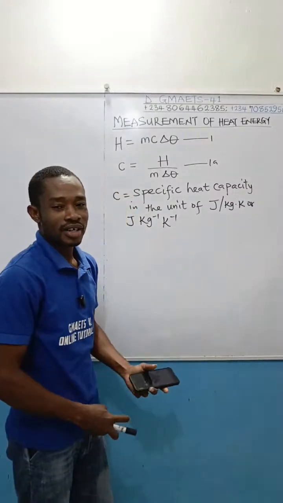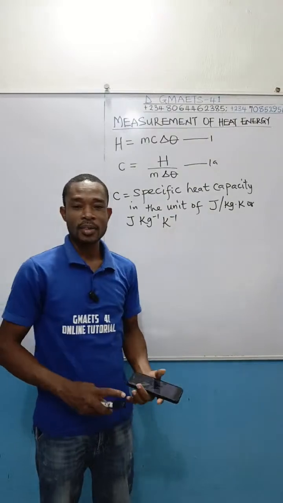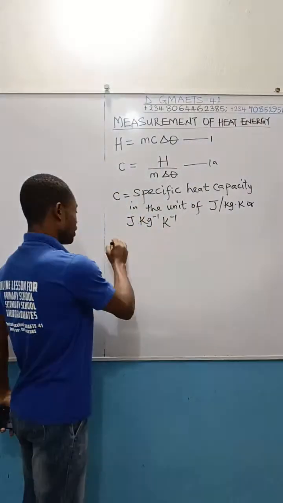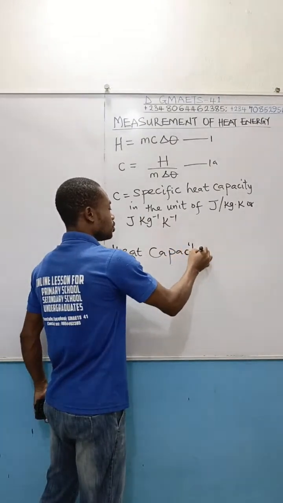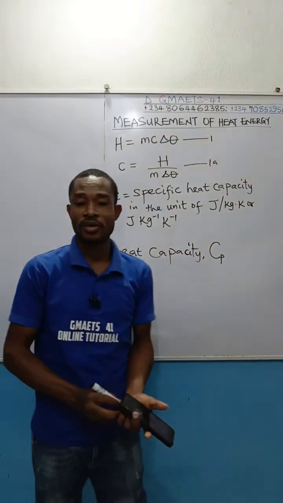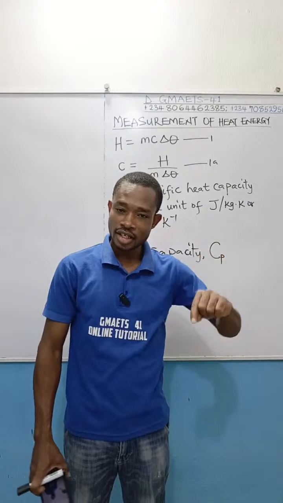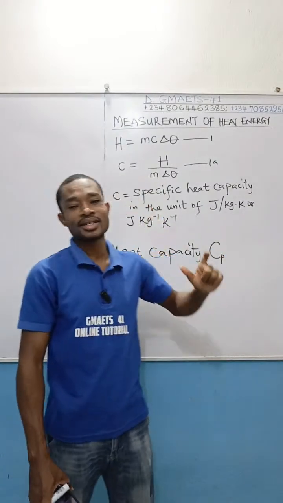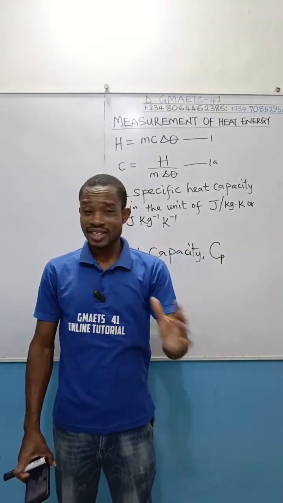Now let us talk about heat capacity quickly. This is specific heat capacity. Let us now talk about heat capacity. This time around, we use capital letter C, and then maybe I can use small letter P for it. This is heat capacity. It is not exactly the same as specific, however, it is still the same, but not exactly the same.